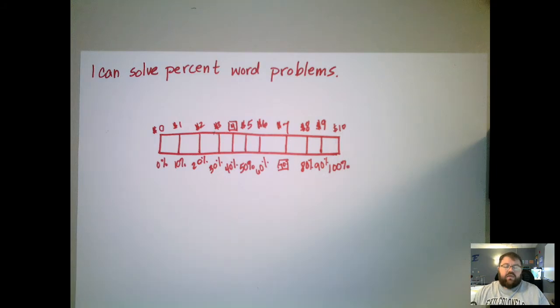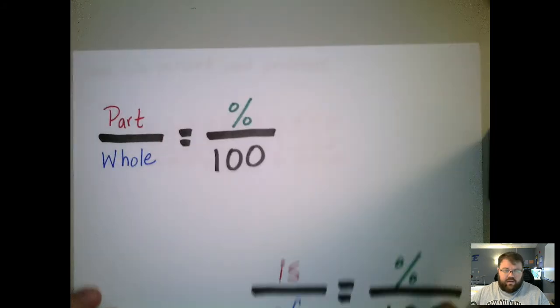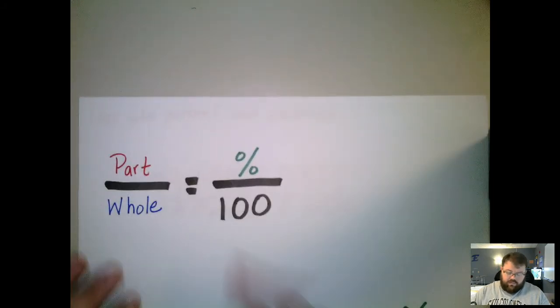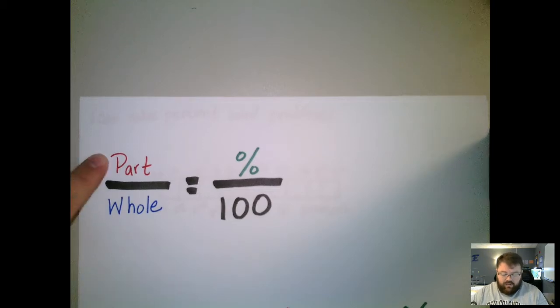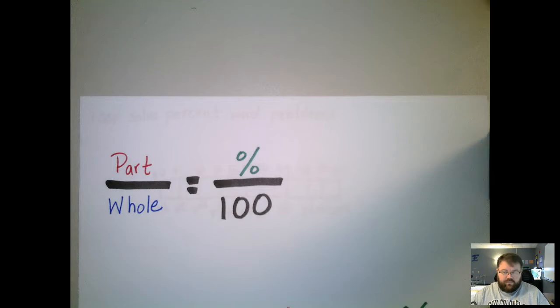Okay, there are 2 formulas that you need to know and you need to write down. So what I want you to do is look at this percent equation first, or percent formula. Part over whole is equal to percent over 100.